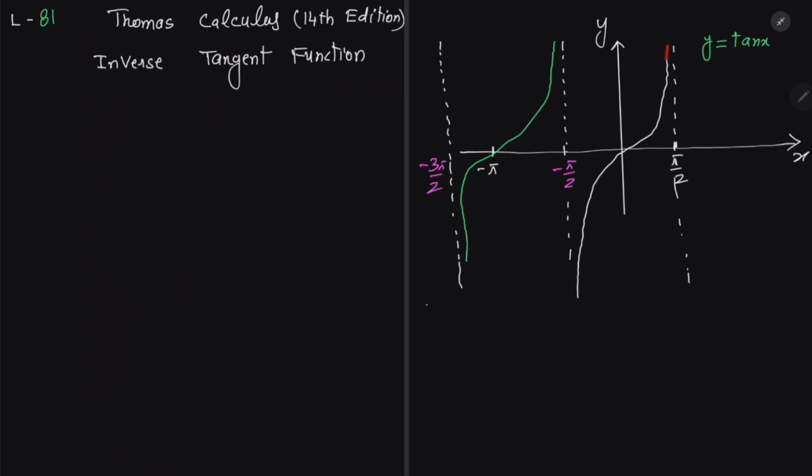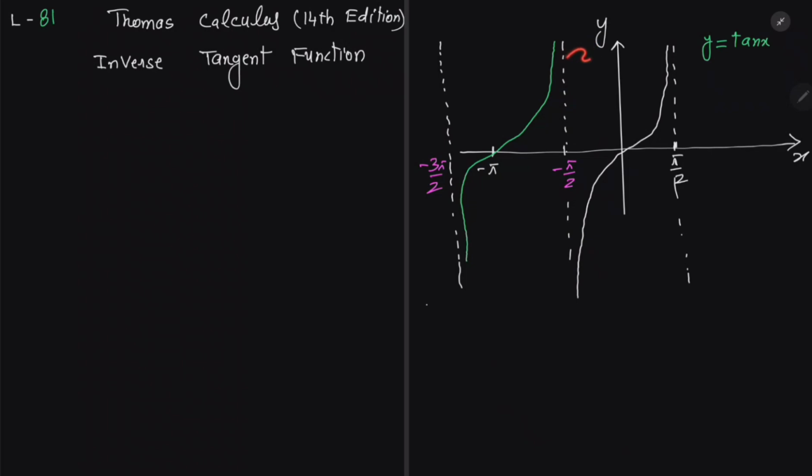We have one branch over here, and that branch travels along minus pi by 2, but it never touches minus pi by 2. The same is the case with pi by 2 as well. For your understanding, I also plotted the same tangent x in the interval minus pi by 2 to minus 3 pi by 2.